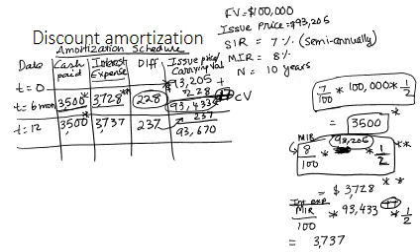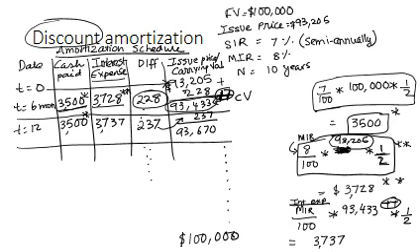You are on the right track if the number keeps going up for a discount bond such that the final amount here is $100,000, and this number keeps going up as well, and the interest payment stays constant, and the interest expense is calculated based on the market interest rate as shown.